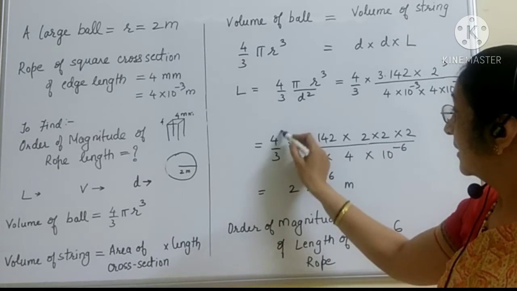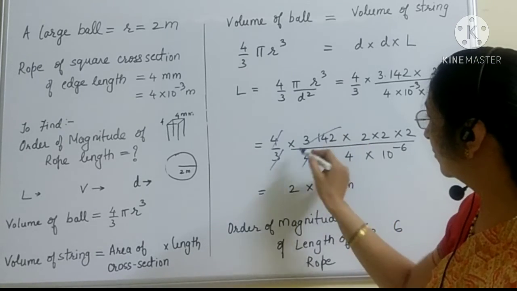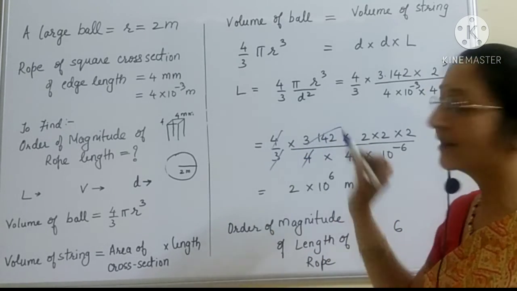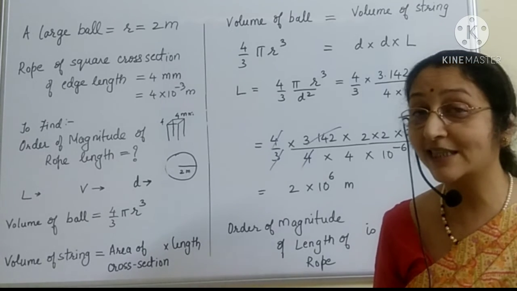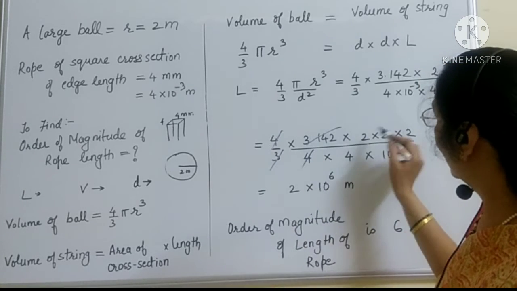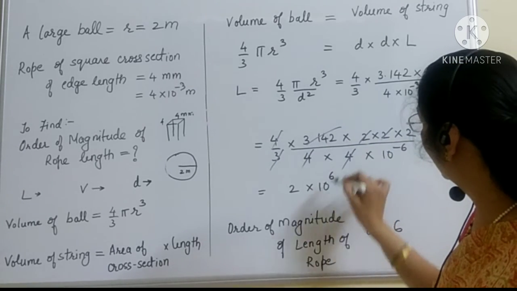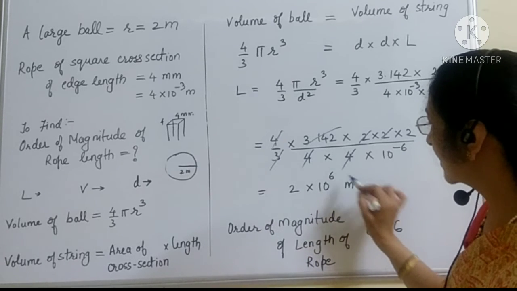So this 4 we cancel with this 4. This 3 we cancel with this 3, because this is 3 and this is 3.1. We can cancel because we don't want to find the exact length, we want to find the order of magnitude. So I am just cancelling. This 2 I can cancel with this 4. So what is remaining is 2 into 10 to the power 6.